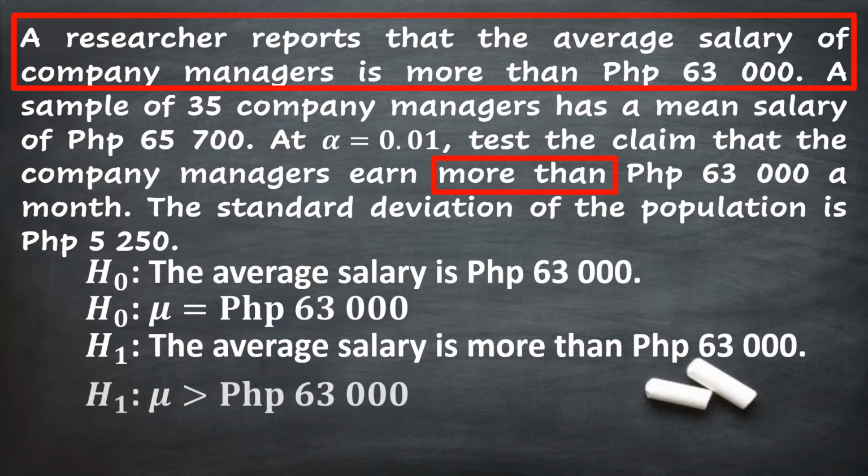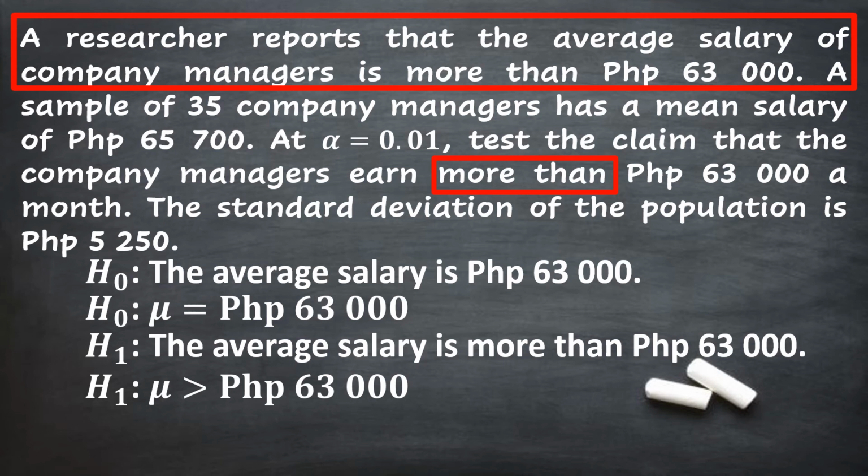And for the mathematical statement, we will use the population mean is greater than 63,000 pesos, since greater than symbolizes more than. Kindly take note po that our term is just more than and not more than or equal to 63,000 pesos. That's why our symbol is just greater than and not greater than or equal to.